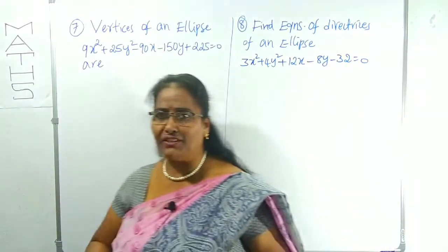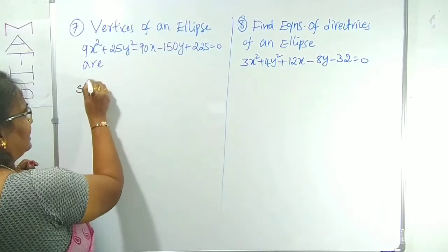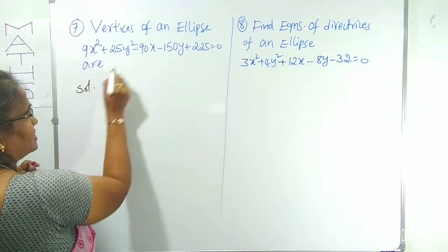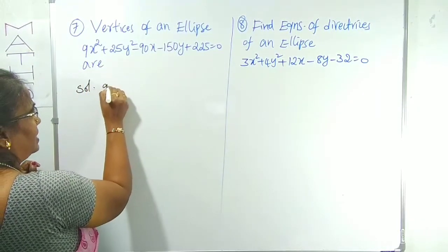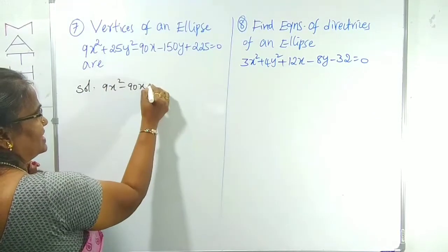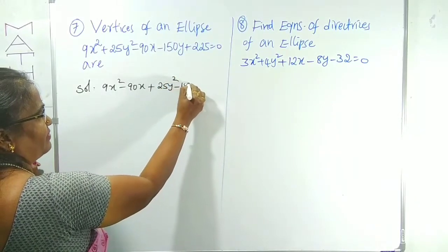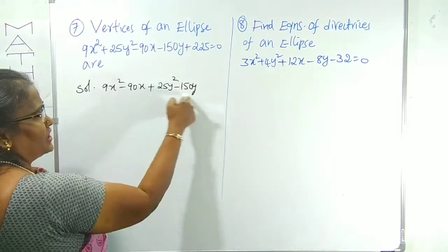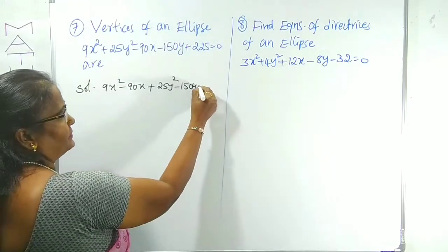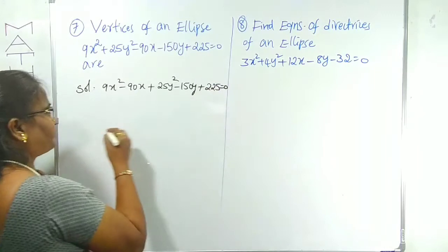For the center I have given a short trick. We can use that. Otherwise you can do it directly. What are the x terms? 9x square minus 90x, side by side you can write, plus the y terms 25y square minus 150y, as two terms side by side, plus 225 is equal to 0.